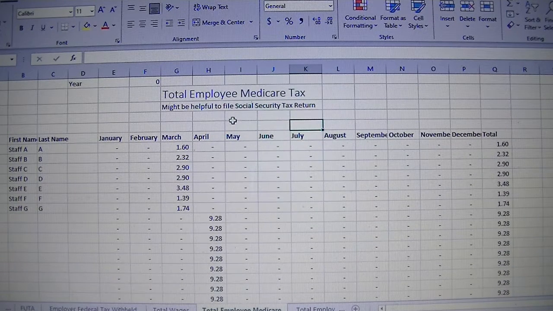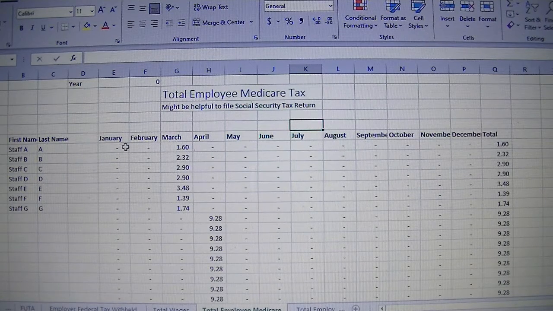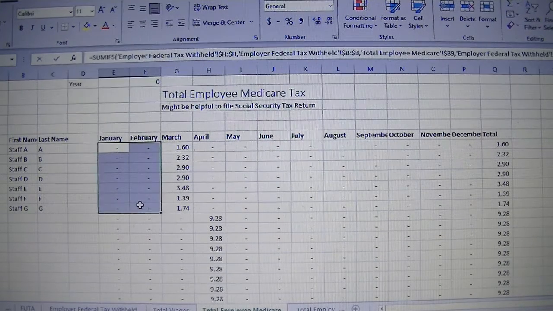It might be helpful to file a Social Security tax return if you are tracking the employee Medicare tax at this level. You might find it useful at the end of the year when you are filing W-2 and W-3. So for the first quarter, the employee side only is $16.33, but you have to double it to find employee and employer.